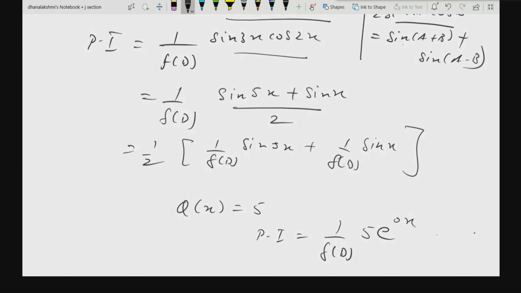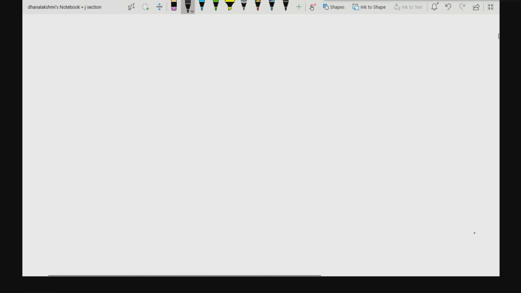One more thing here. Suppose they ask you to solve a differential equation with some given conditions. Then first you have to find the final solution, that is complementary function plus particular integral. On this you have to apply the given conditions and find the constant values and rewrite your solution.